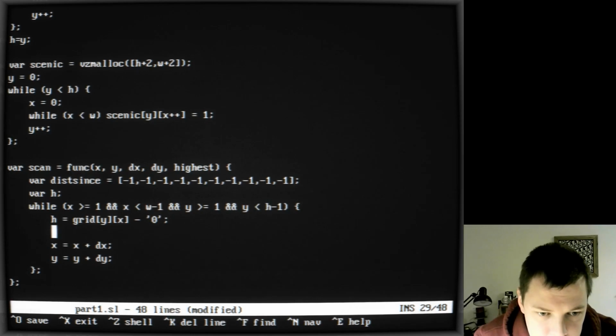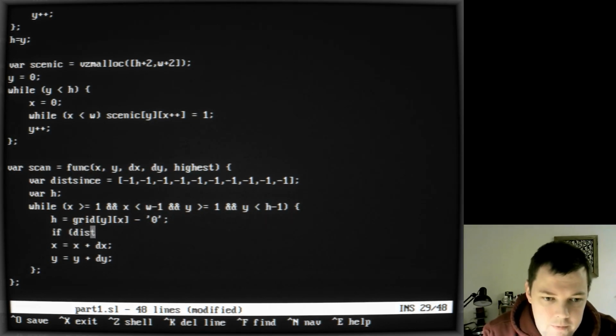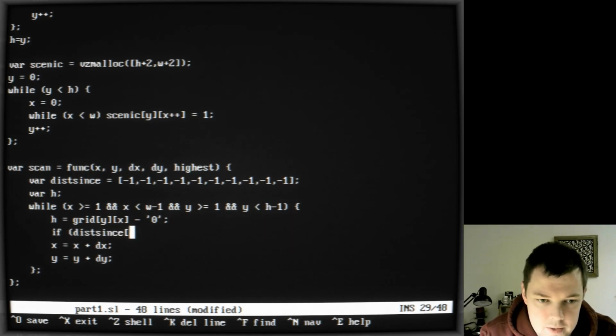So, if the distance since, this actually does want to start at the outside.